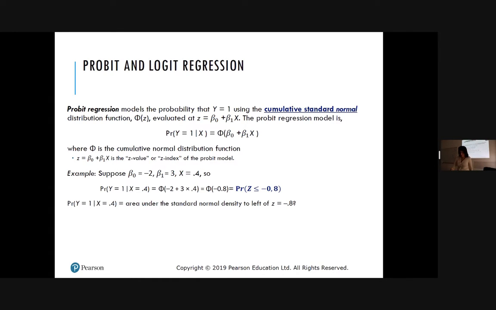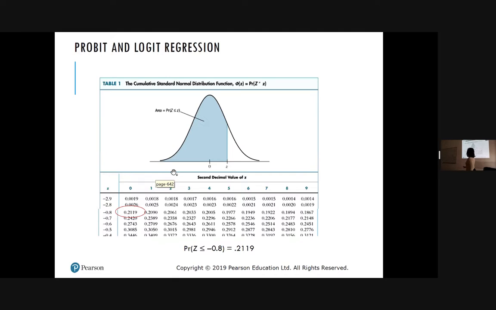And also, visually, we are computing, given this standard normal distribution, this is z, okay? This is the standard normal distribution centered in 0 with the variance equal to 1. Then, of course, here we are in the case in which z is equal to minus 0.8.